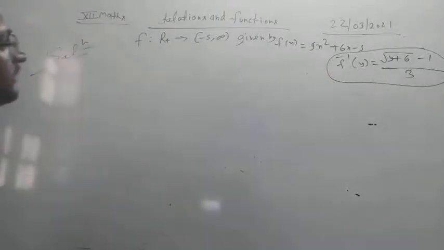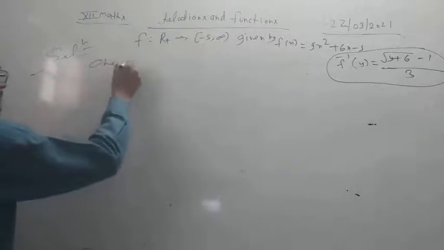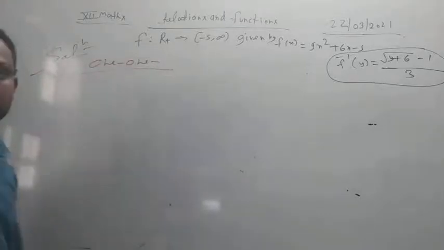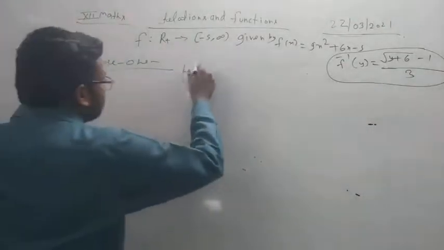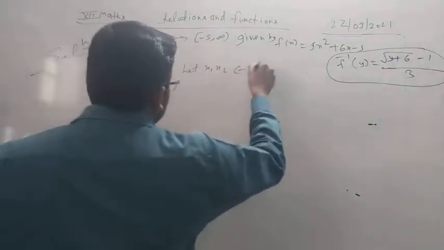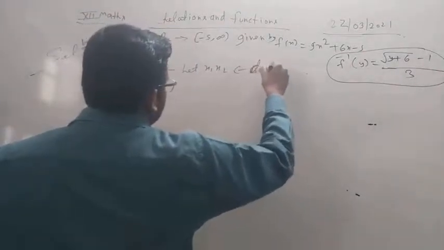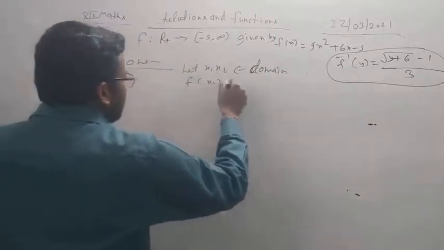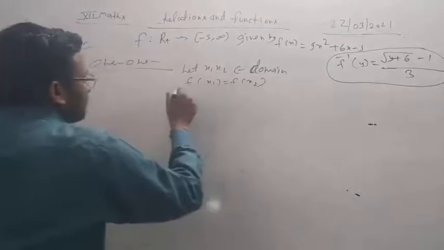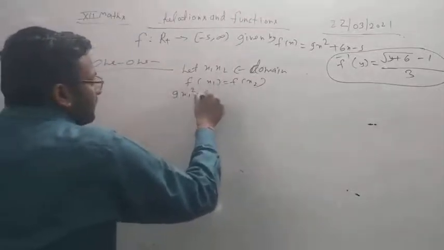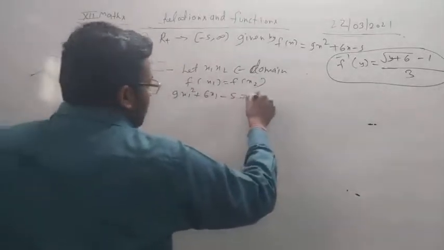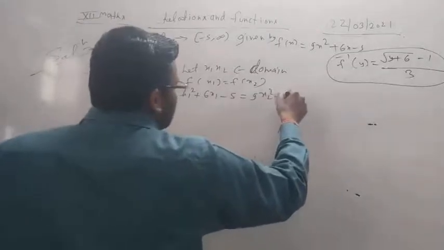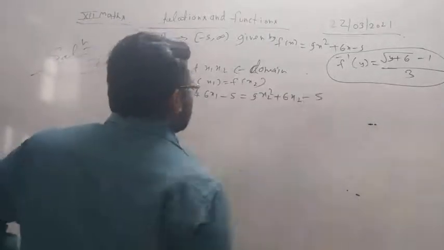So the solution: first of all, students, we prove that this function is 1-1. Then we prove it's onto. Okay. So let's start. Let x1, x2 belong to the domain. Okay. So we write f(x1) = f(x2). So this is 9x1² + 6x1 − 5 = 9x2² + 6x2 − 5.